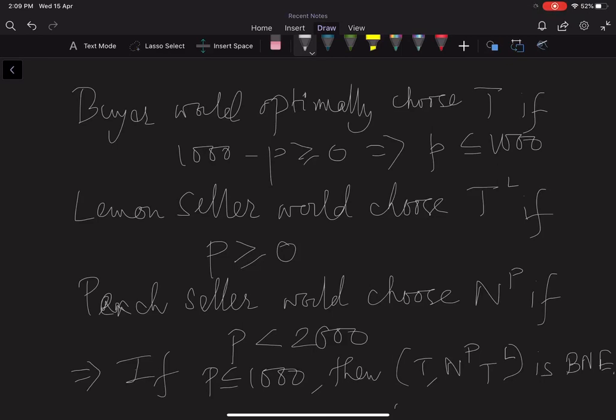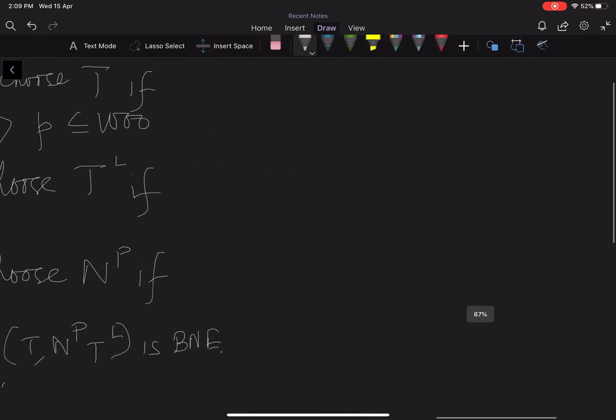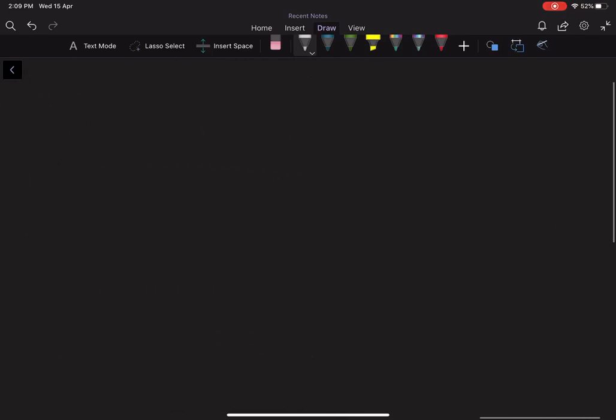Okay. Question: is there an efficient equilibrium? Is there a case where all parties are ready to trade? Let me ask that question.